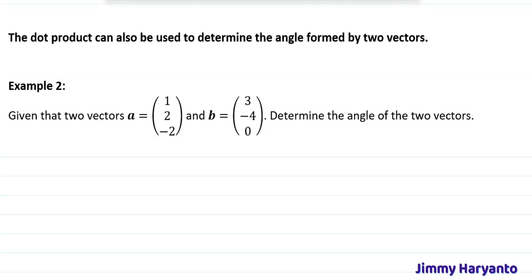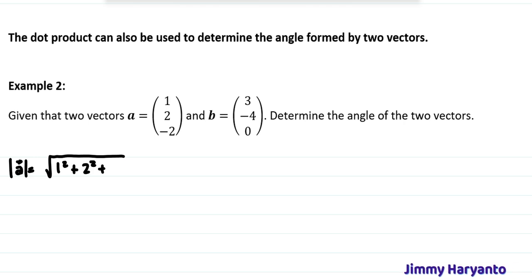Next, as I said before, the dot product can also be used to determine the angle of two vectors. Let's say we have vector A and vector B like this. Because we need the magnitude of A, we should find the magnitude of vector A first using the formula of x squared plus y squared plus z squared like this.